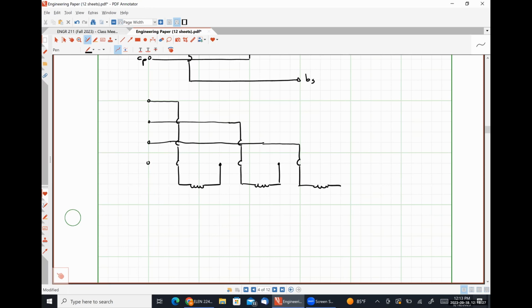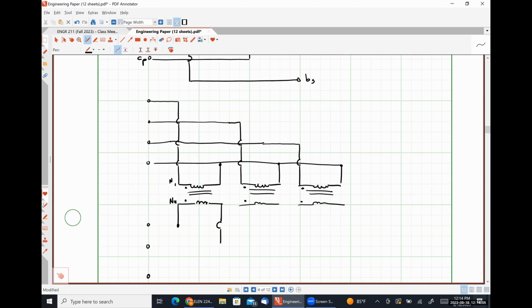Connection. Tie all that together. Dot. Dot, dot, dot, dot, dot, N1, N2, connection, jump. Let's see, 1, 2, 3, that's too big.